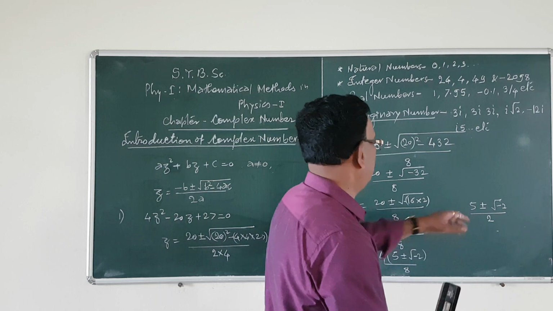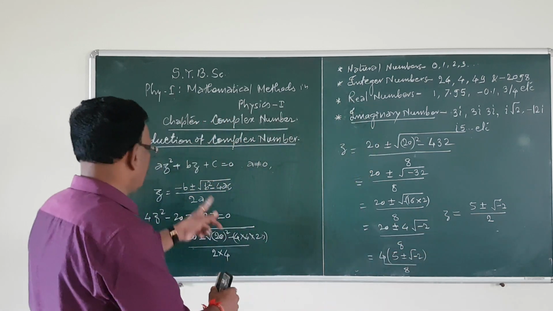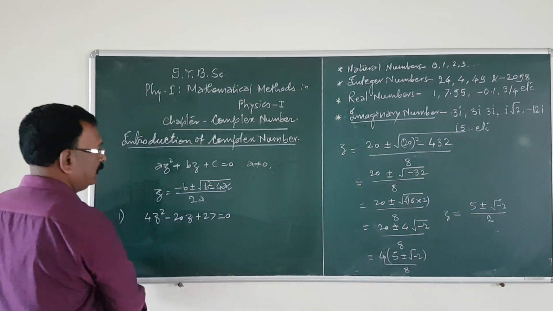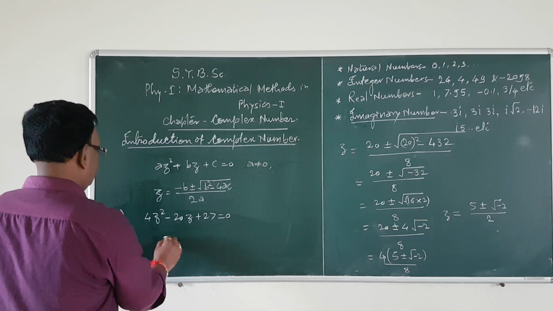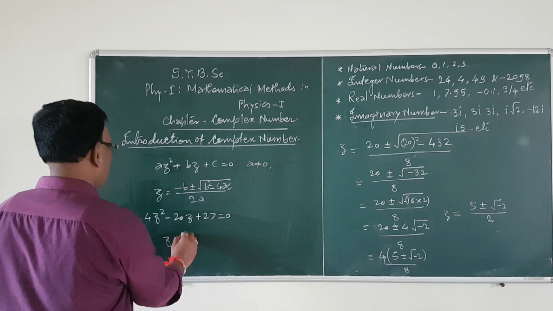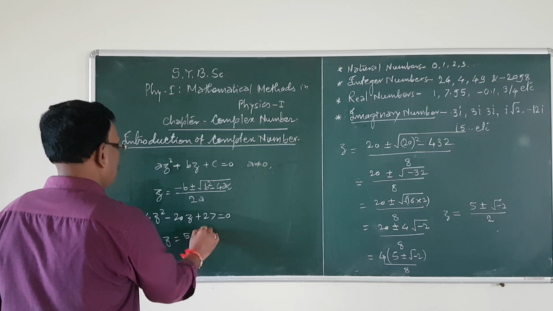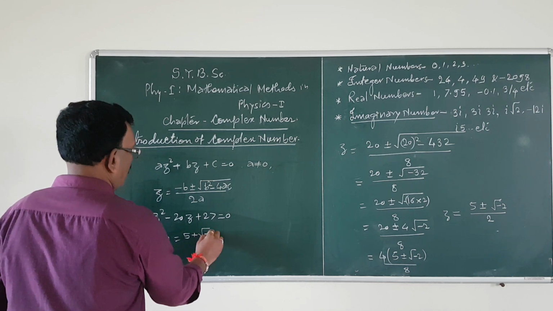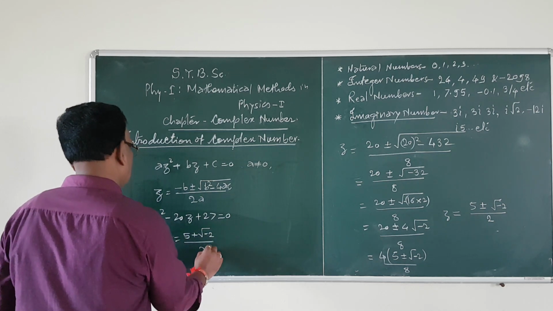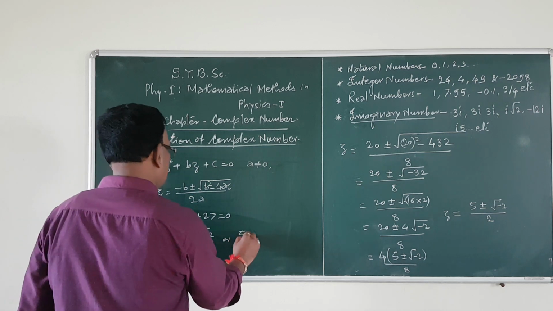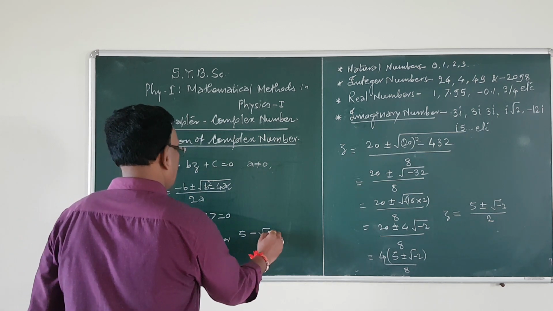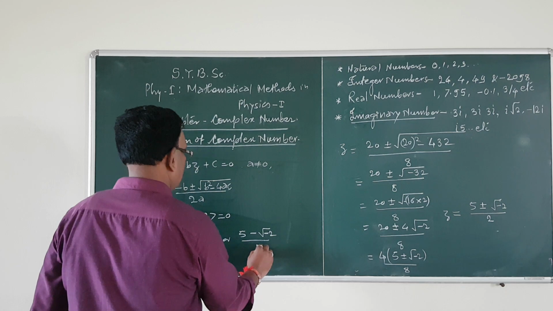From this we will get two roots of this quadratic equation, and these roots are nothing but z is equal to 5 plus under root minus 2 upon 2, or 5 minus under root minus 2 upon 2.